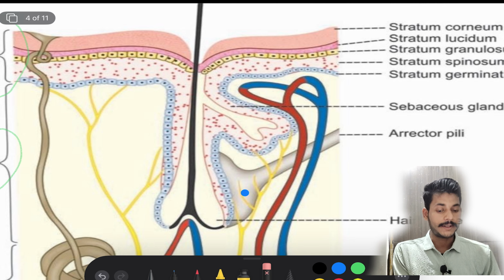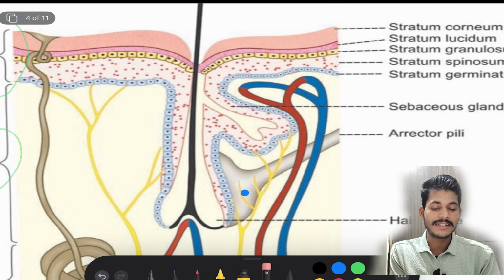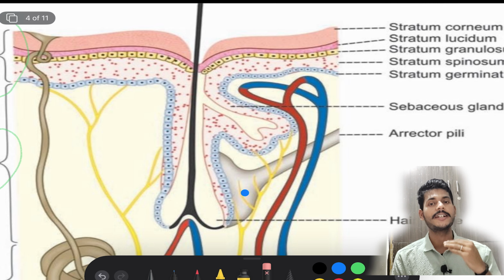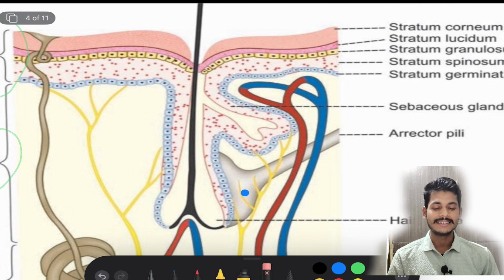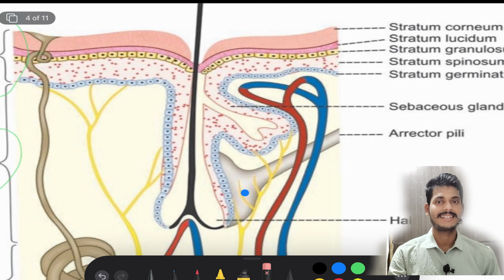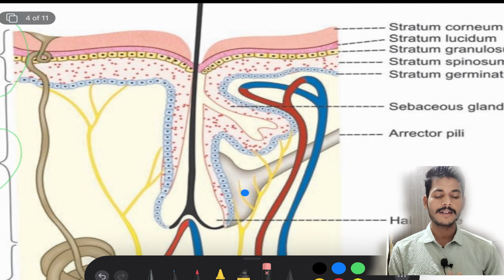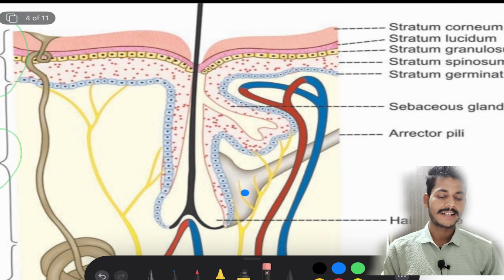But whenever there is a disruption in the secretion of the sebaceous gland, if the sebaceous gland becomes hypersecretive, meaning sebum is secreted too much, beyond the requirement, then these C. acne bacteria overgrow, and they can block the sebaceous gland root.